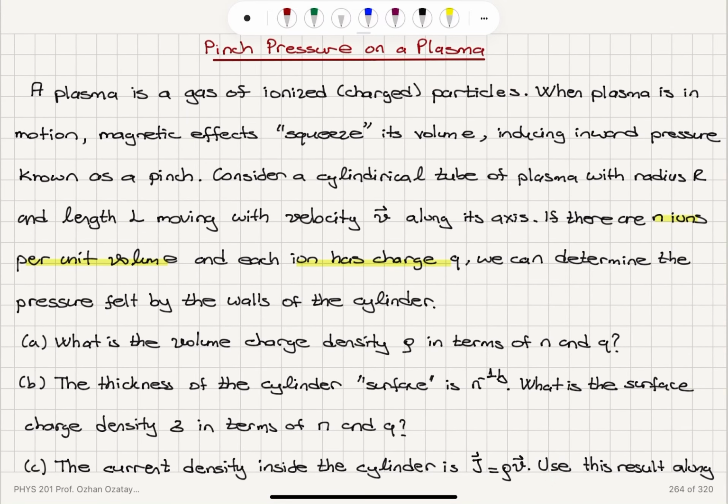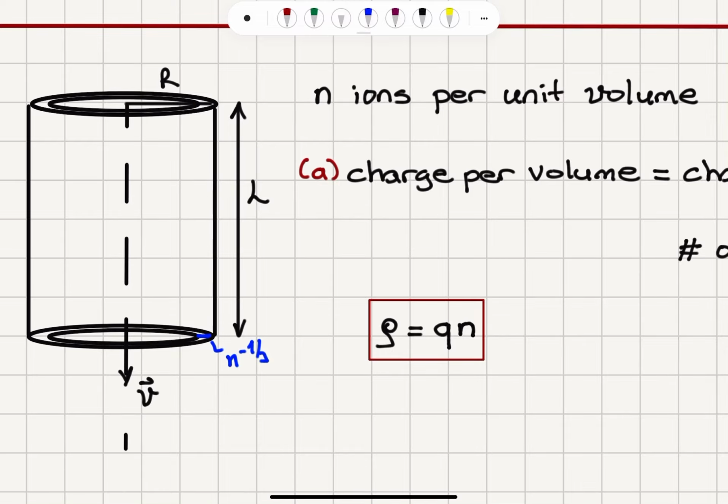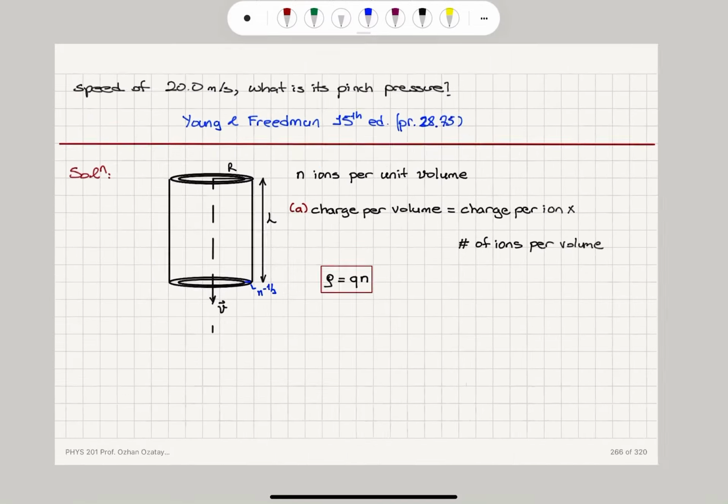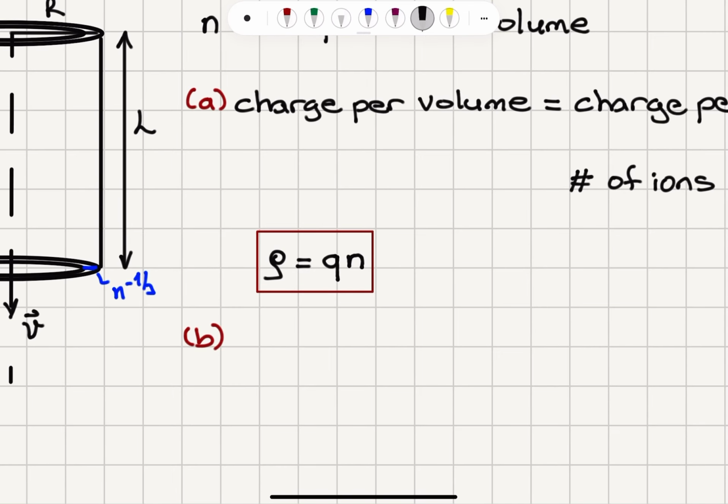Part B. The thickness of the cylinder surface is n to the power minus 1/3. What is the surface charge density sigma in terms of n and Q? So this is part B. We can calculate the volume of the surface.